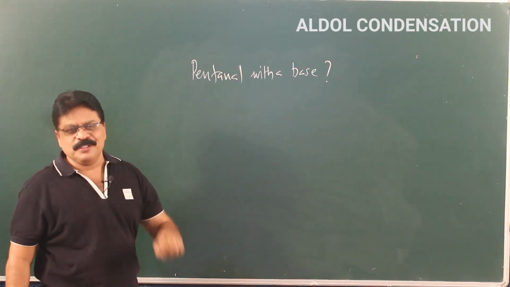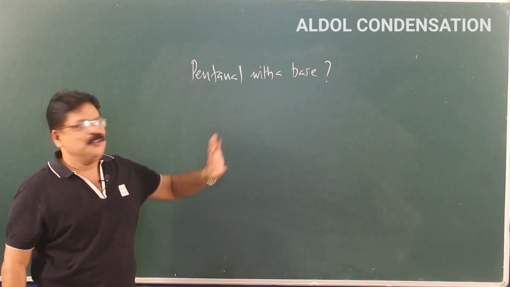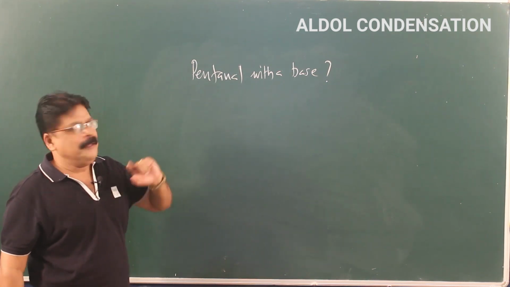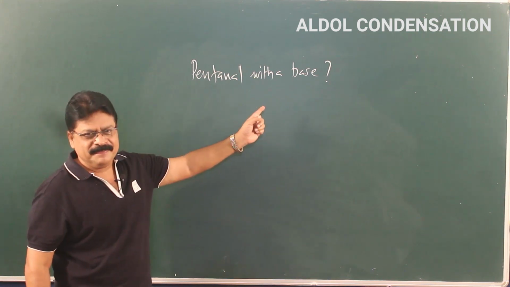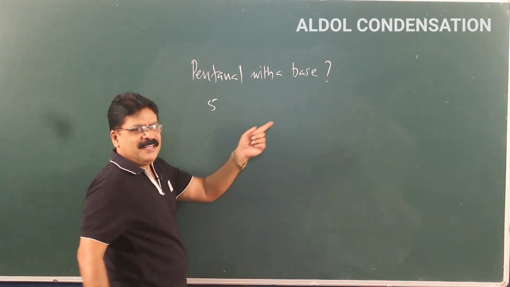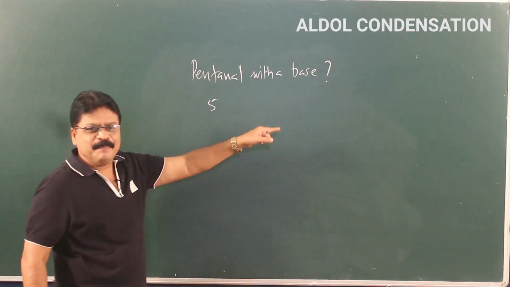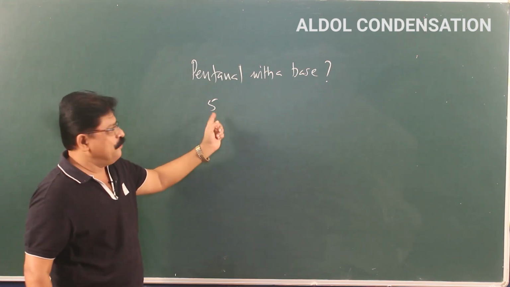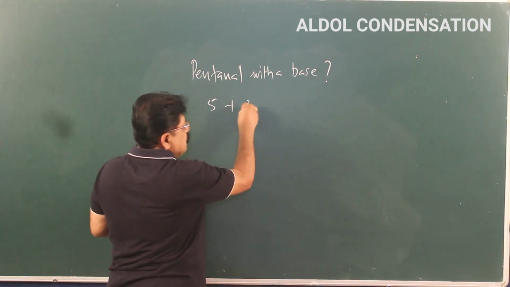Now I am going to make it more simple. What do we do? You are given pentanal with a base. How will you predict the product? Pentanal is 5 carbon, correct? To the 5 carbon, the alpha carbon, the second aldehyde will come. So how many will be in the chain? 5 plus 2 more.